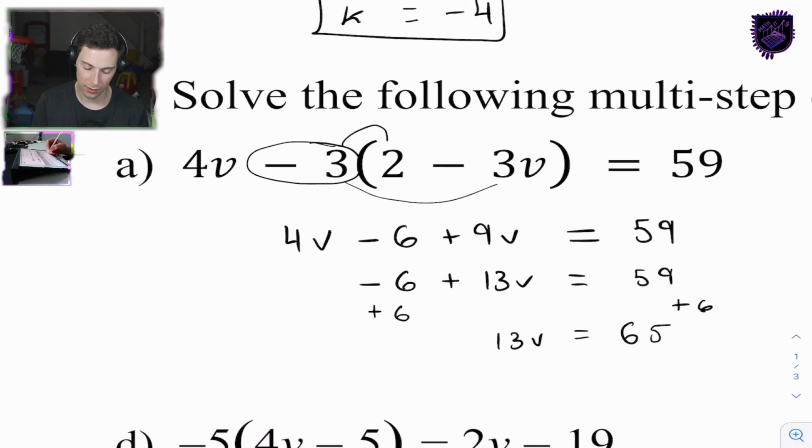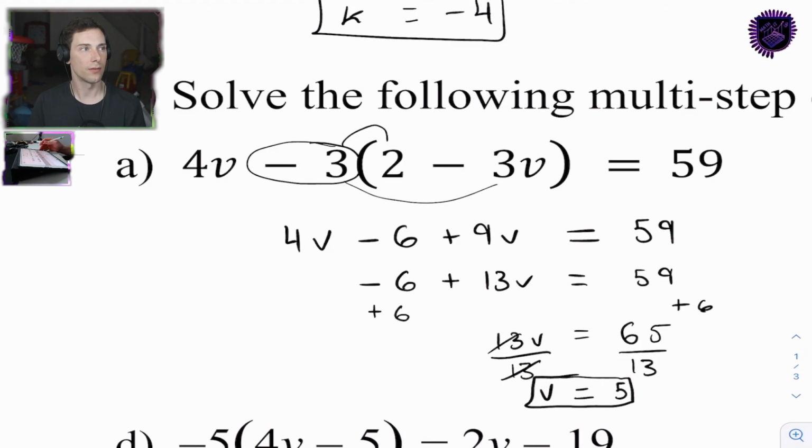And then we're going to divide by 13. That cancels, with v equaling 5. 5a, v equals 5.